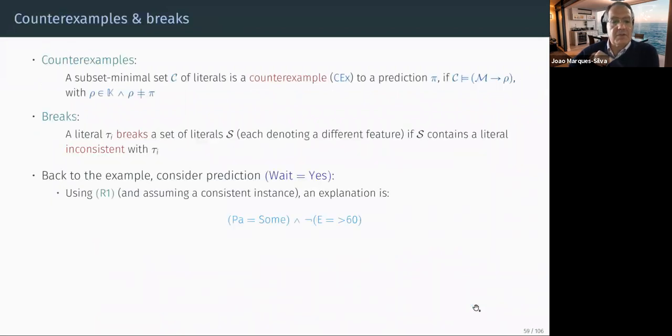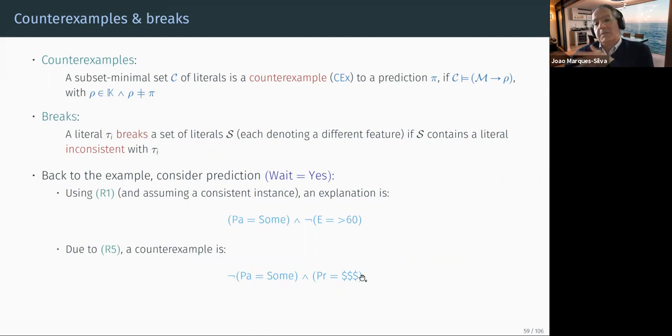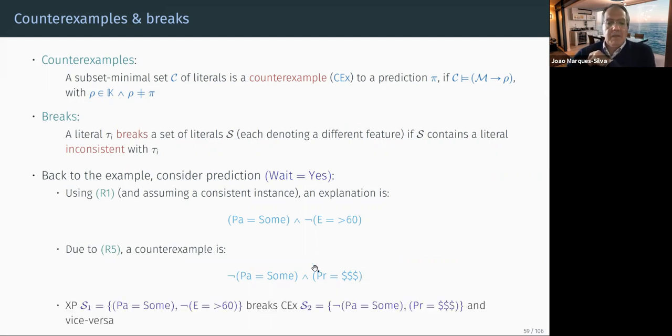A counterexample for predicting yes would be a rule that predicts no. If I have a set taken from this rule, shown here, it's going to break the counterexample, this one here. Notice that this literal is inconsistent with this one, and so on. Okay.